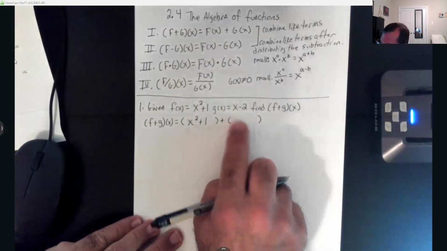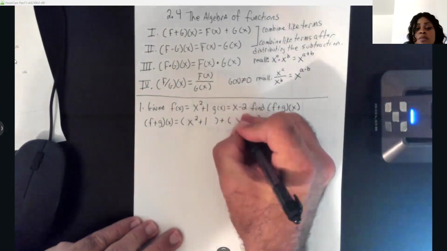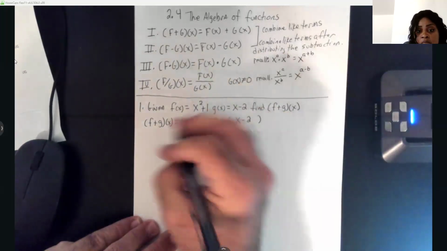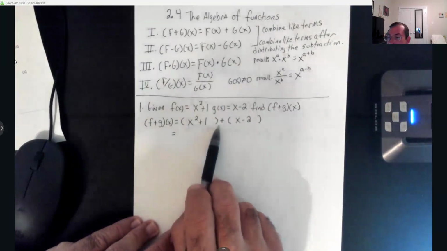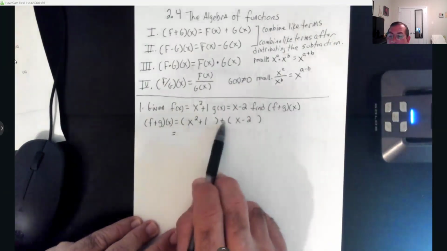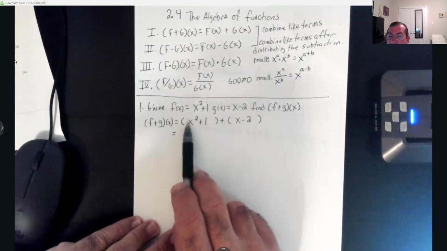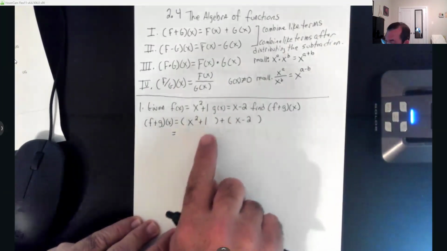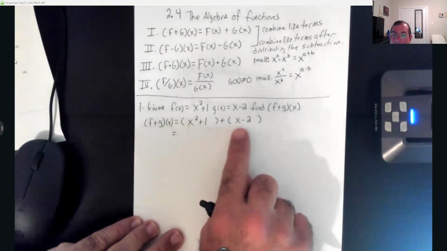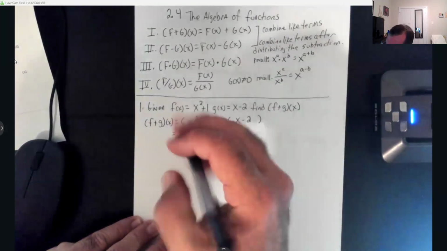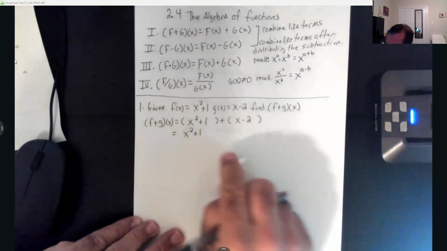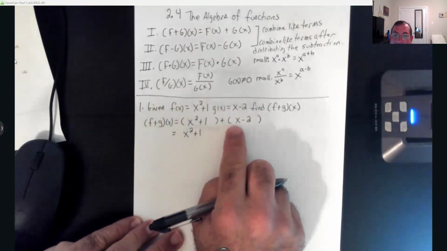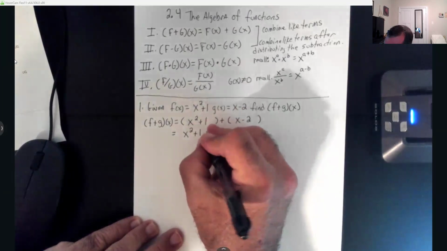That was x minus 2. Now, here's the thing. When your parentheses are behind positive things, we can drop the parentheses and everybody stays the same sign. So I'm going to drop these parentheses and bring out my x squared plus 1. I'm going to drop these parentheses and bring out my x minus 2.